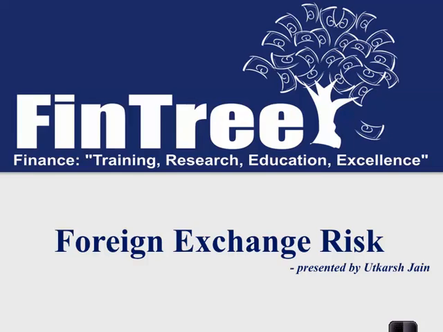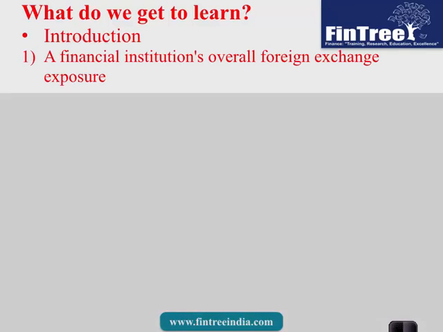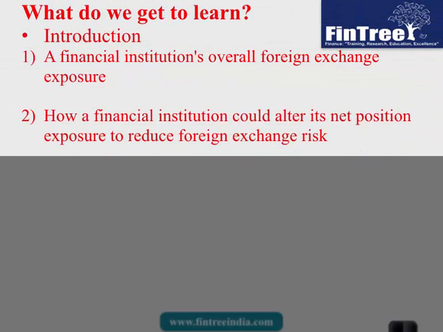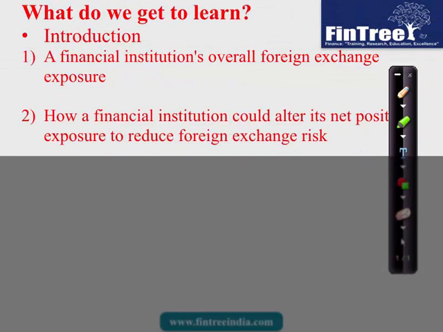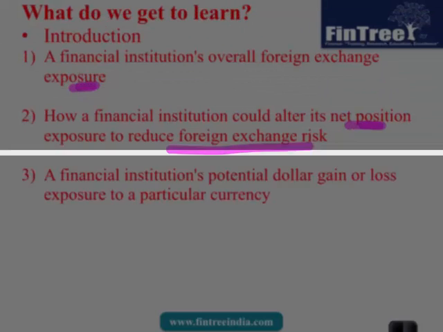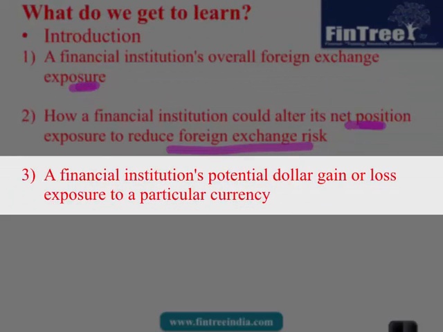So the learning outcomes that we look at in this reading: financial institutions' overall exposure. In this learning outcome, you would be required to find out what type of exposures you have and what impact that will have on profitability. How institutions could alter net position to reduce foreign exchange risk. Institutions' potential dollar gain or loss to a particular currency.